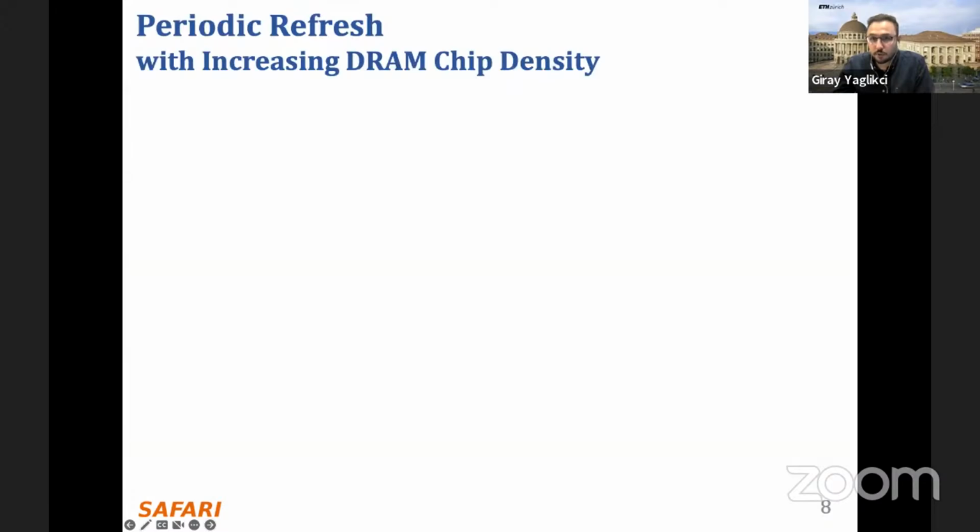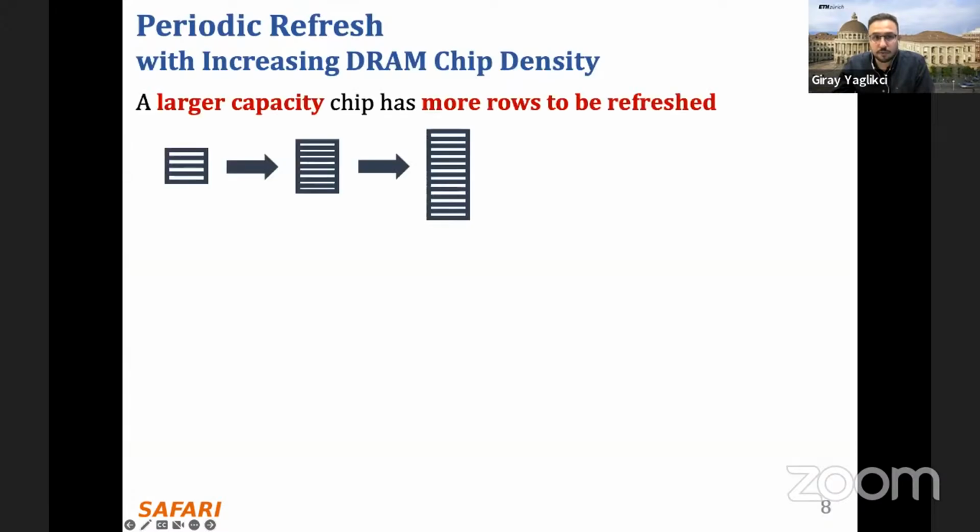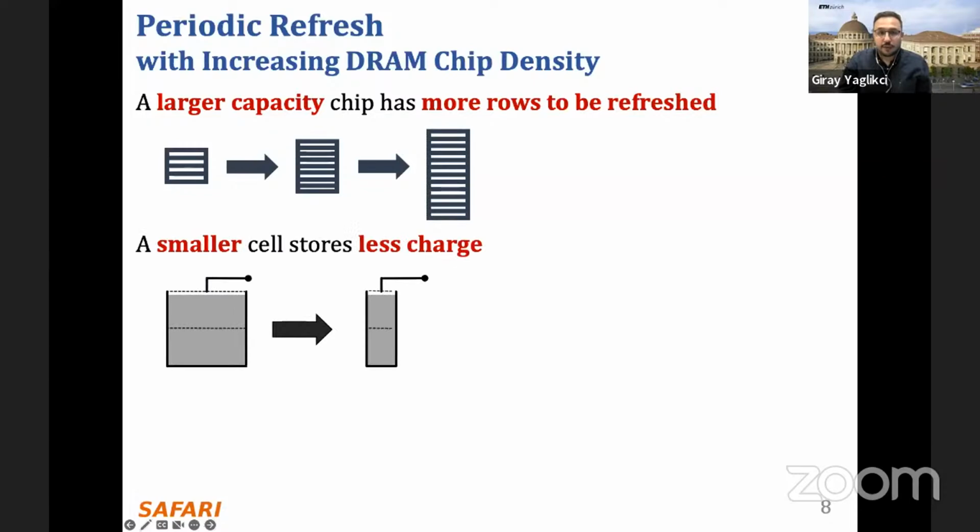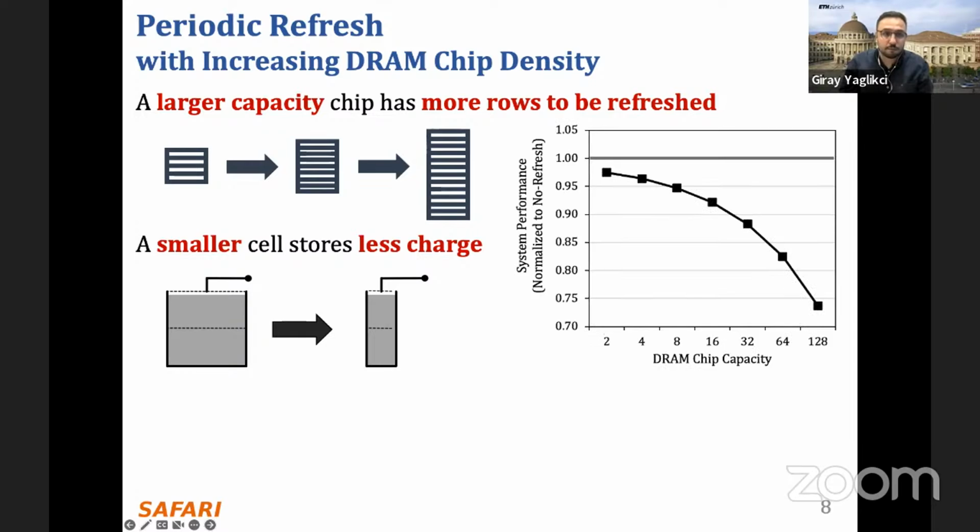When we look at periodic refresh with increasing DRAM chip density, we now have a larger capacity in a chip, and therefore it has more rows to be refreshed. At the same time, we have smaller cells, which means that they store less charge and they might need to refresh more frequently.